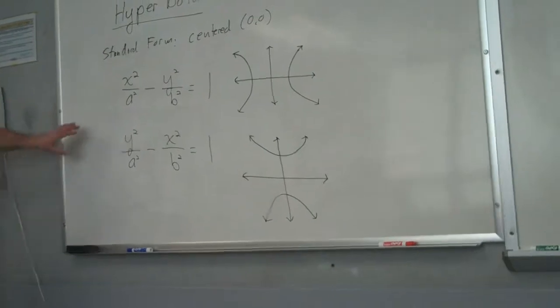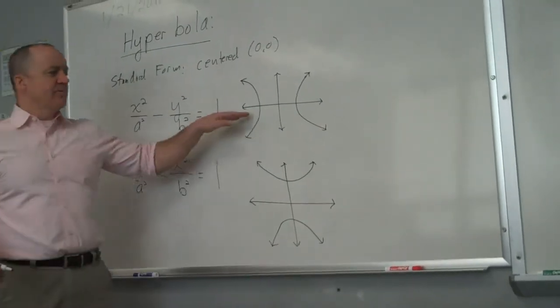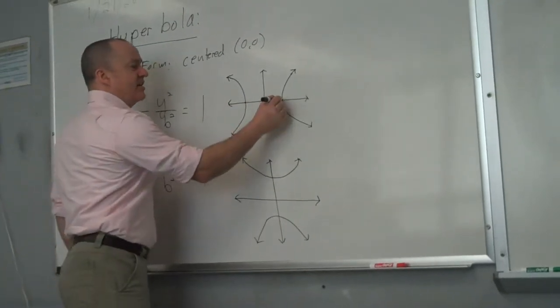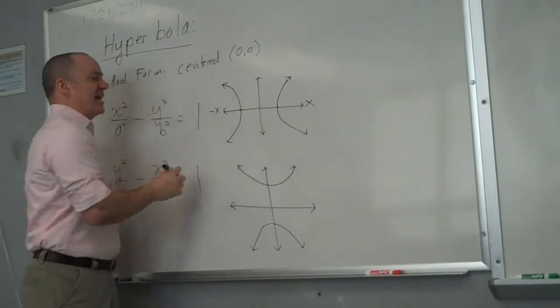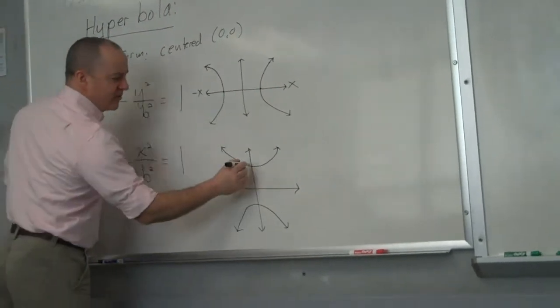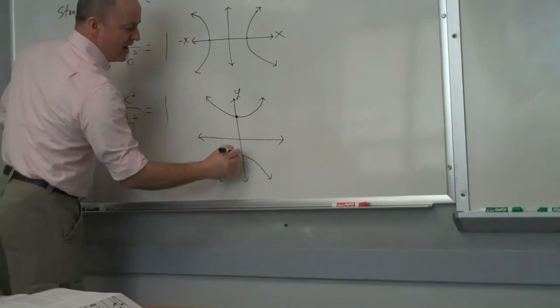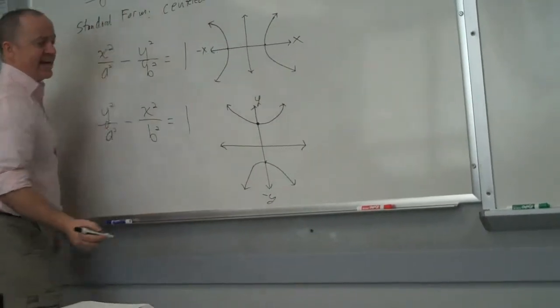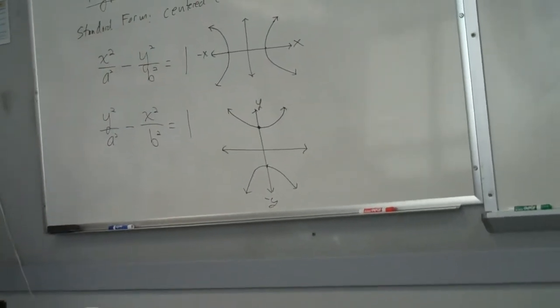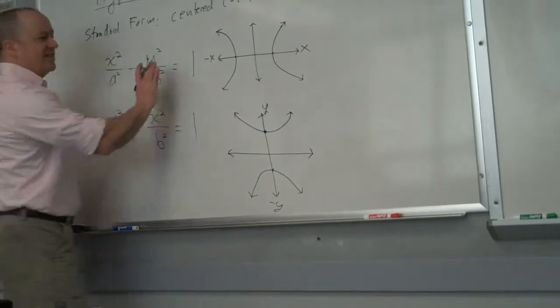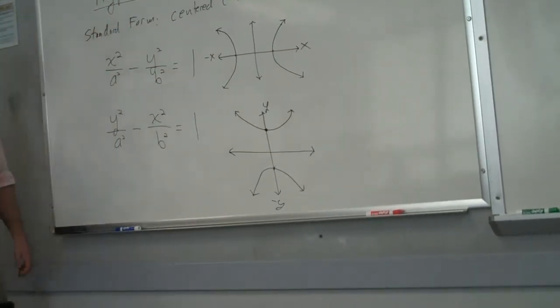If the x squared comes first, the hyperbola intersects the x and negative x axes. If the y squared comes first, the hyperbola intersects the y and negative y axis. Imagine your plane slicing through your cones, creating one of these two shapes.